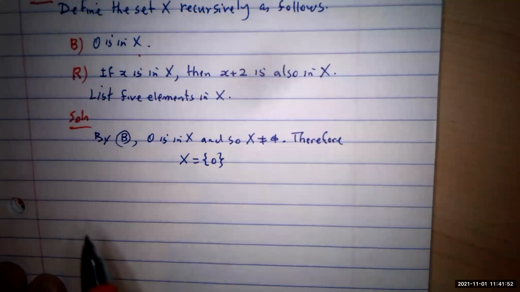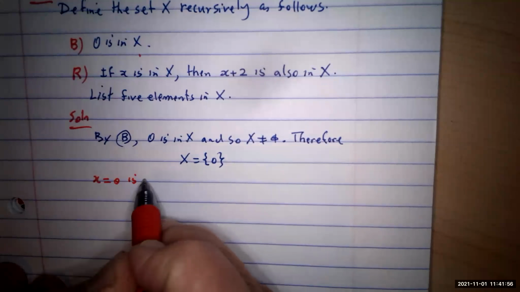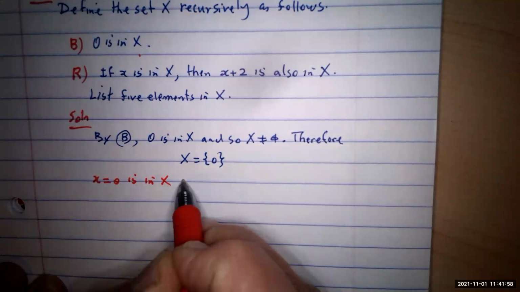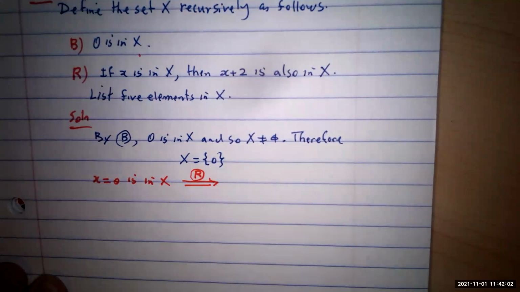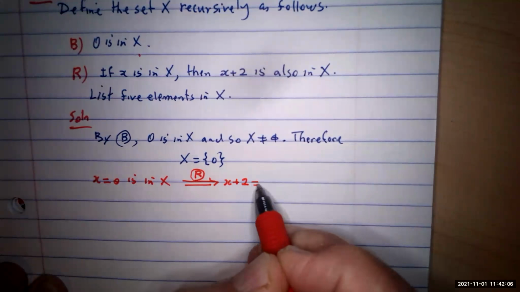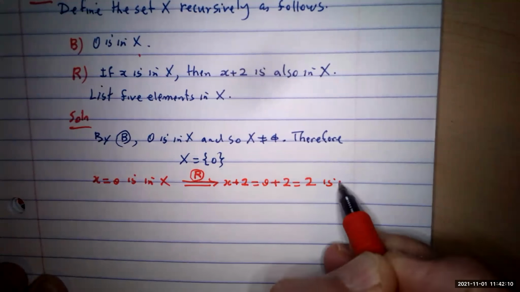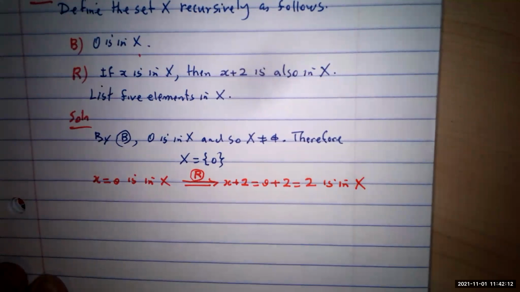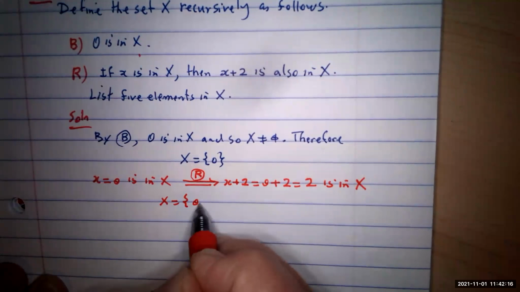So you explain that x equal to 0 is in X. Now, by the recursive part, x plus 2, which is 0 plus 2, 2 is in X. So what's going to be your X so far? 0 and 2.